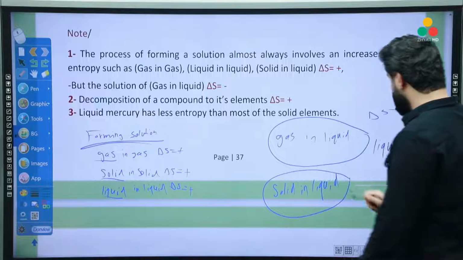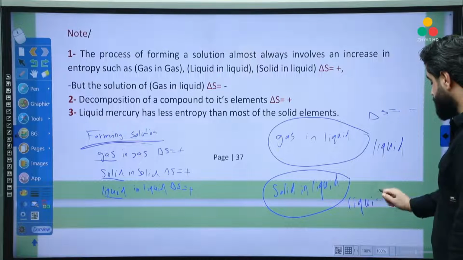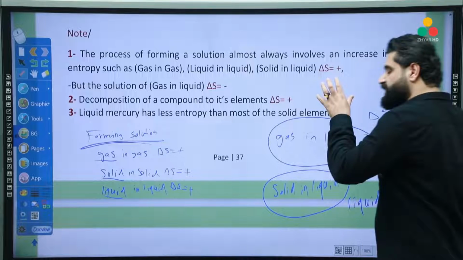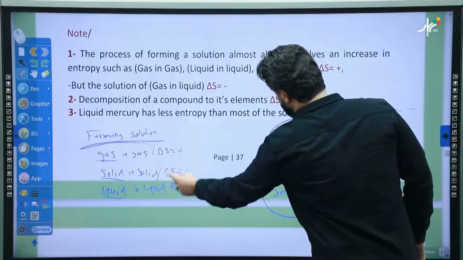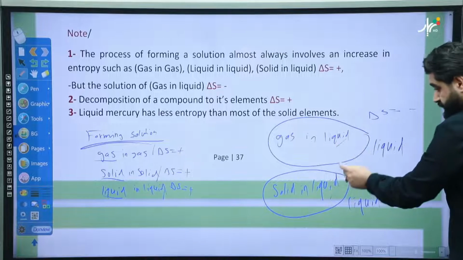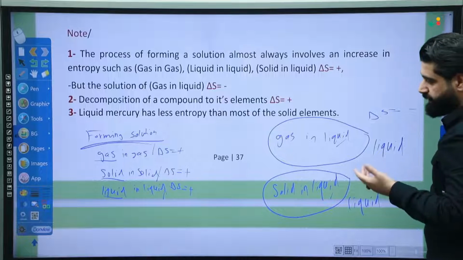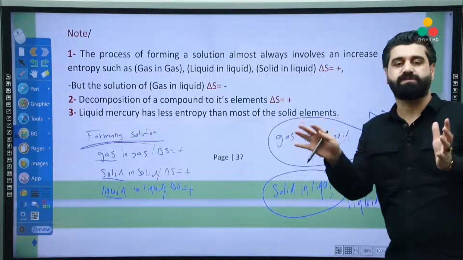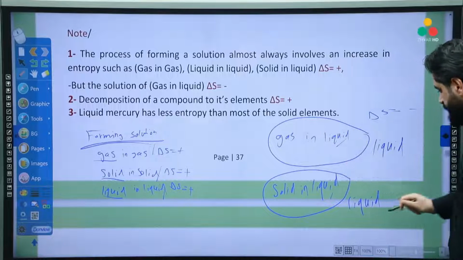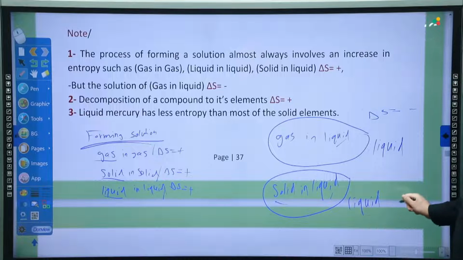The overall solution becomes liquid again, because the solution always takes the phase of the solvent. The solvent adapts its physical state to the overall solution property. Because we converted solid to liquid, delta S will be positive.